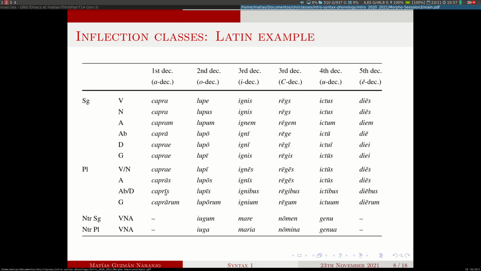The ablative and dative plural have an S at the end, or the genitive plural has an at the end. But otherwise, there are contrastive differences, and most nouns in Latin can be assigned to one of these 5 classes. So I hope that the idea of inflection class is somewhat clear.